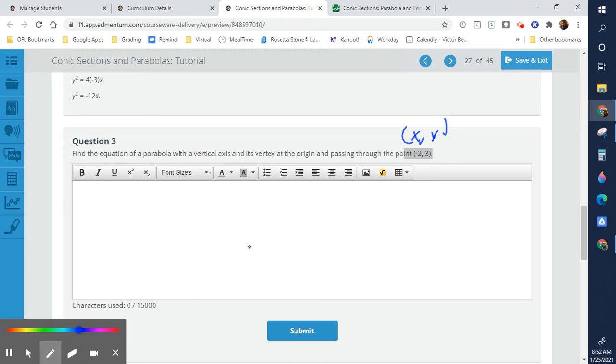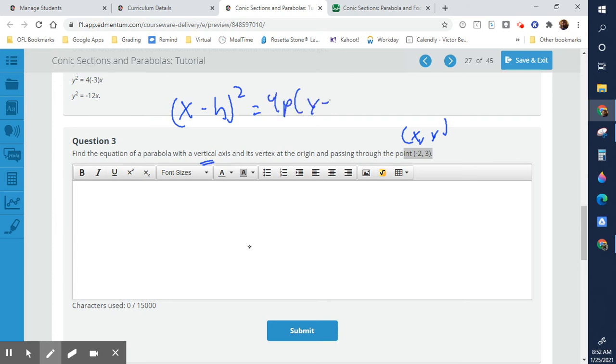Anyways, if it's a vertical parabola, these are the ones we're used to. So we know that it is x minus h quantity squared, because x's are squared in the parabolas we're used to, equals 4p times y minus k. And when we're doing this, we're going to plug in our vertex, which is the origin.